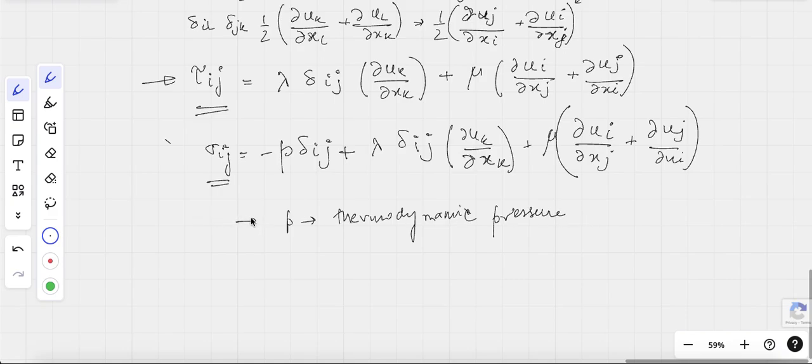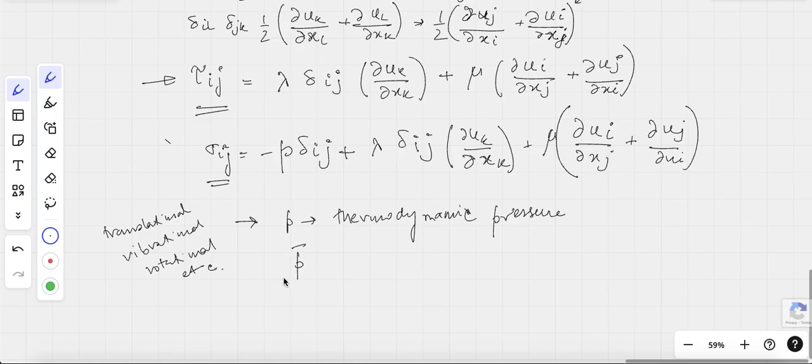Thermodynamic pressure is the resultant of all motions, translational, vibrational, rotational, etc. All possible atomic motions give rise to thermodynamic pressure.